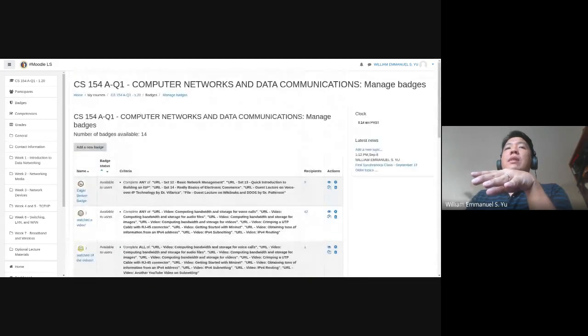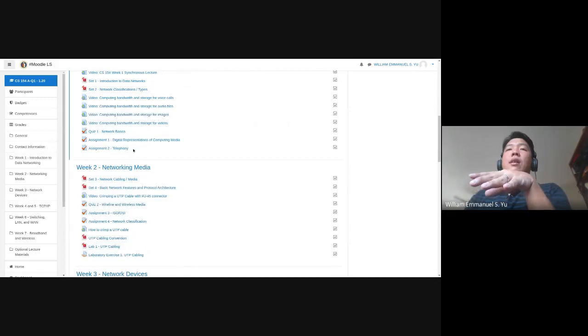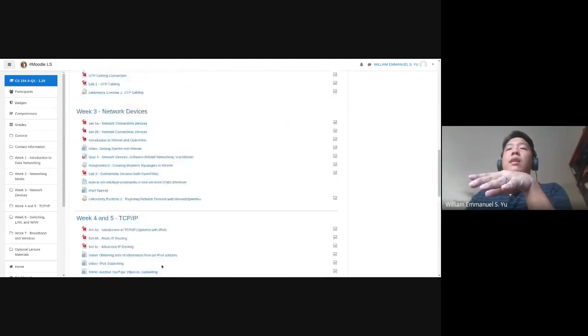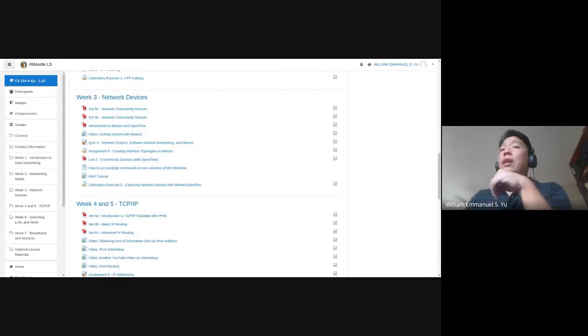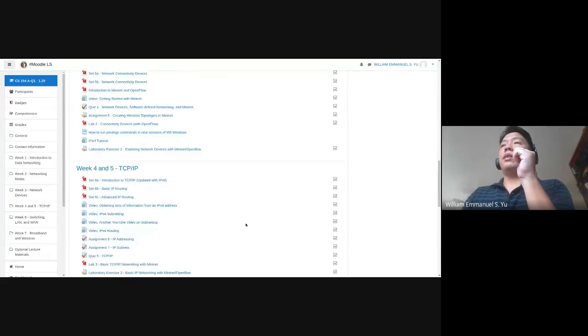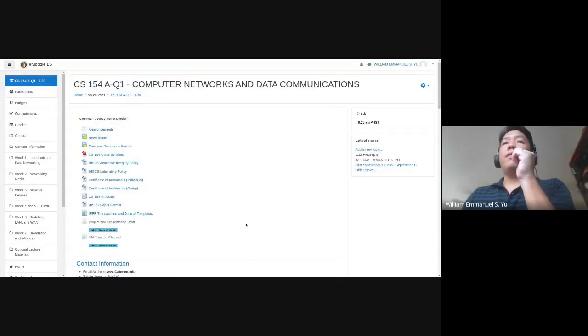The whole semester is already programmed in, and a lot of the things are already accessible. The assignments you can take early. The only things you cannot take early are the quizzes, which are time-bound, and the deadlines, of course, are time-bound. So if you want to take the materials earlier, feel free to do so.